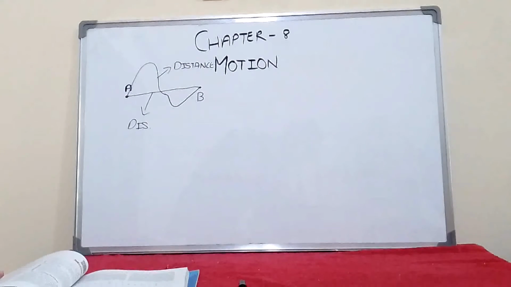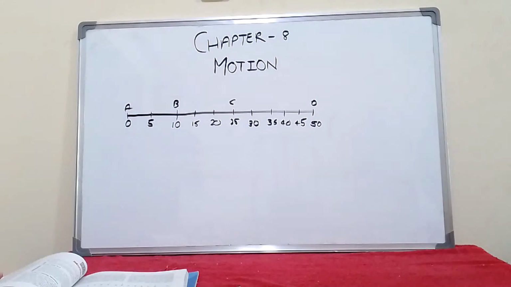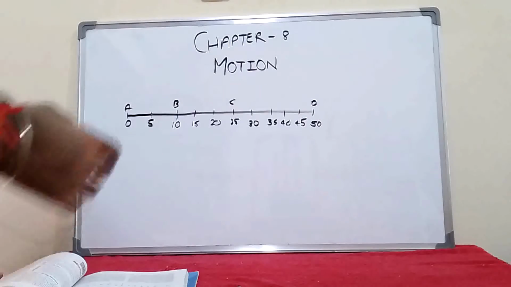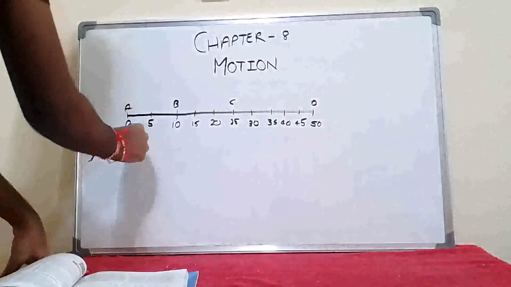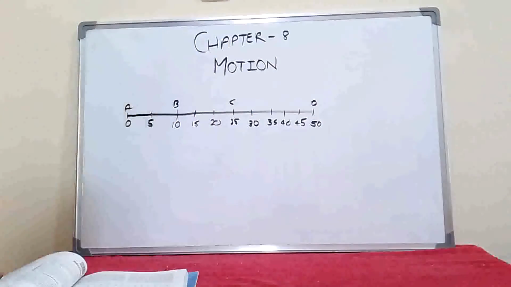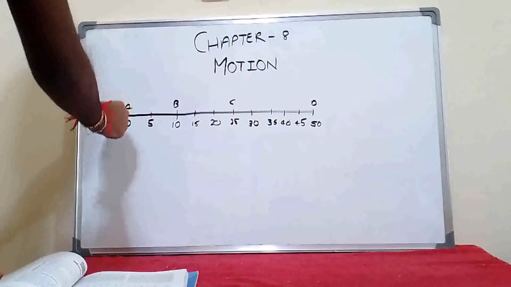Now we'll see another example where we'll get a clear idea of the difference between distance and displacement. Look at this line. Here it shows how much distance you have covered. These numerical values show the distance between each gap.